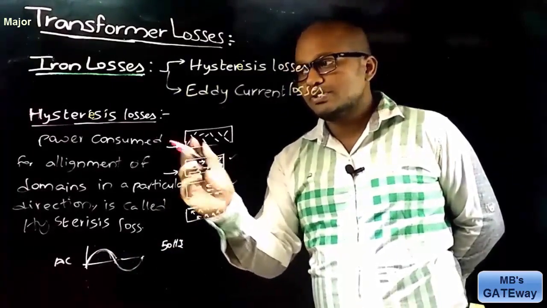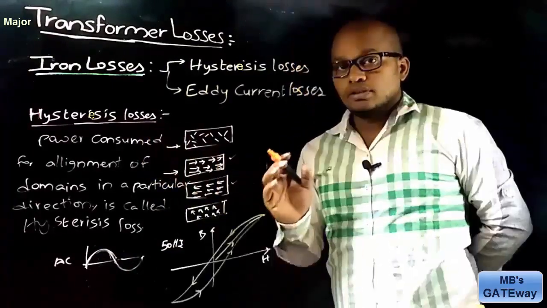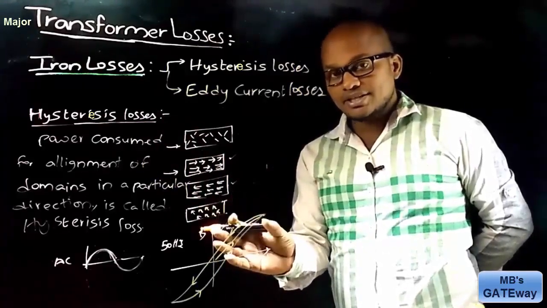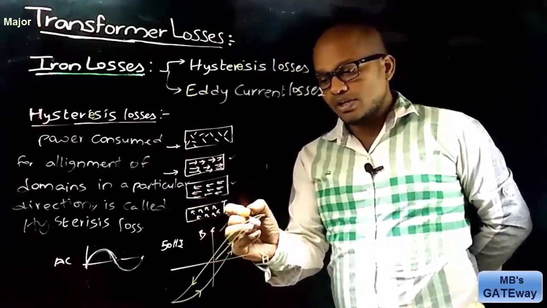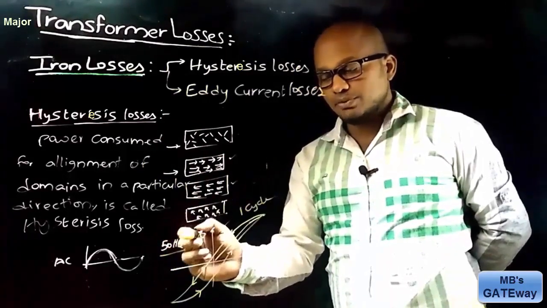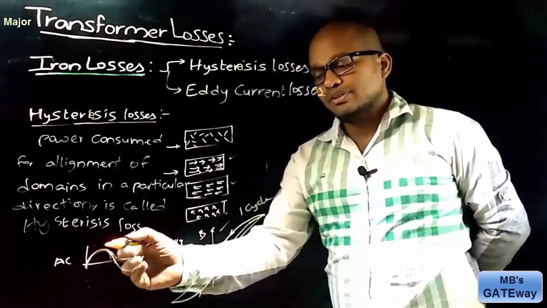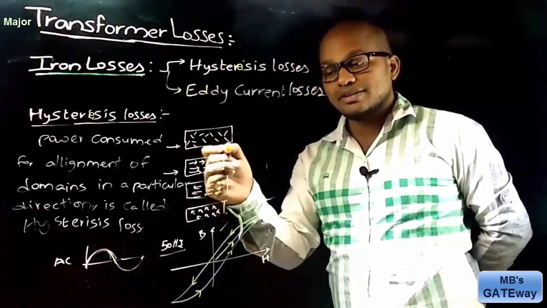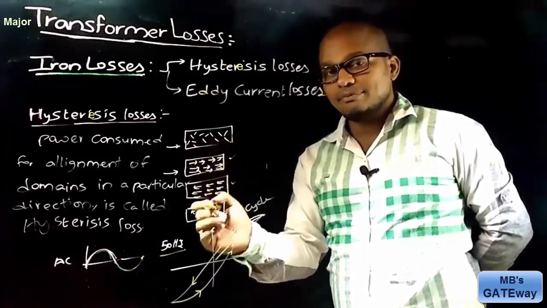That power consumed here is called hysteresis loss. We have seen the BH characteristics of a transformer like this, and these BH characteristics are drawn for one cycle of the input. So for a 50 Hz frequency input, we have 50 cycles per second, which means the domains in the transformer core must get reversed 50 times per second.